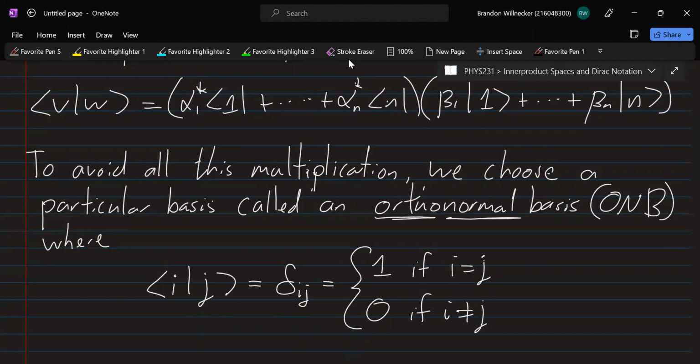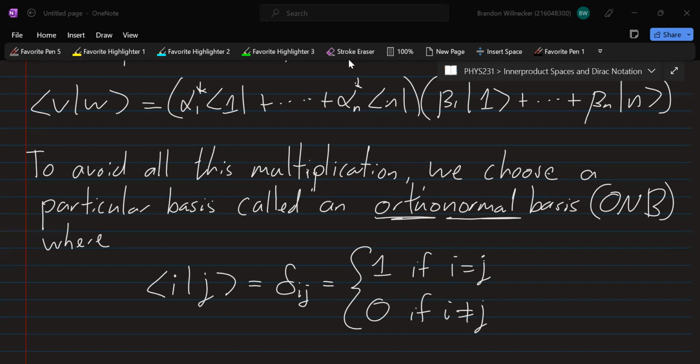And that is this ortho part. So we say that the vectors are orthogonal to each other. And if you remember your inner product from last year, the inner product or dot product, as you called it last year, we could write as a b cos theta. If theta is 90 degrees, then they are orthogonal to each other, and the dot product or the inner product was 0.